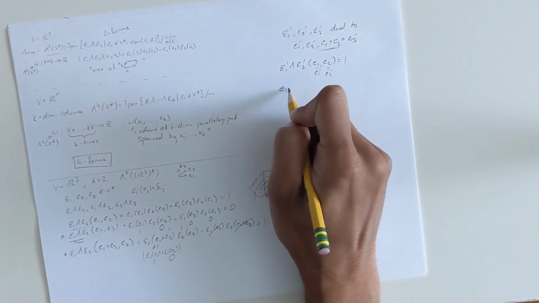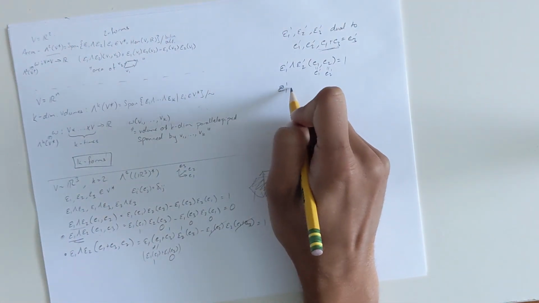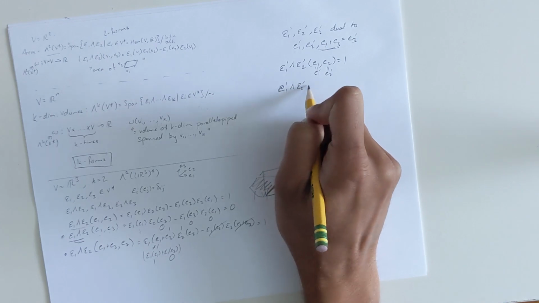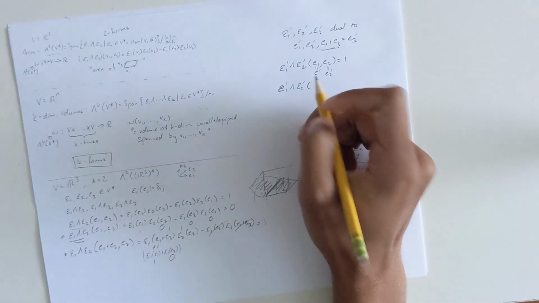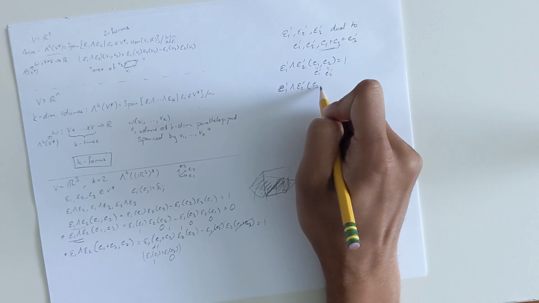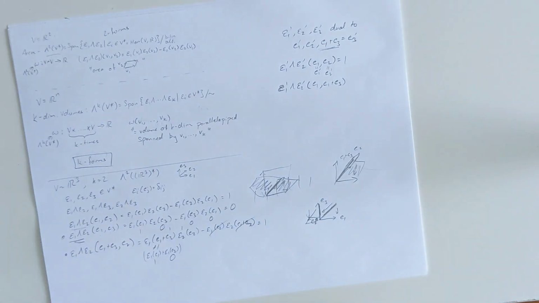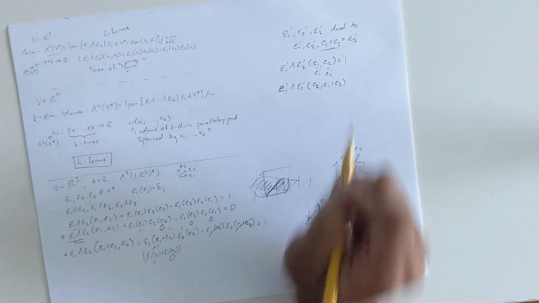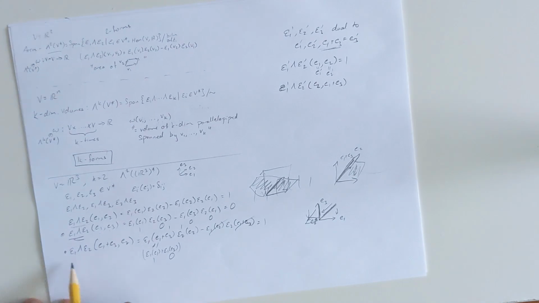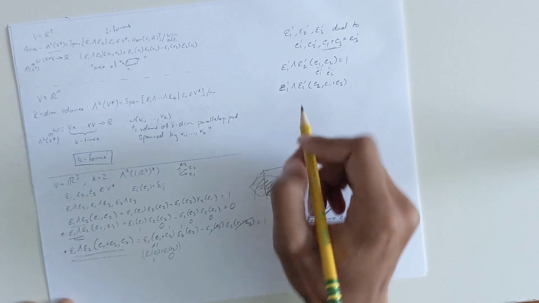So this shouldn't really affect any area that we compute, which is intrinsic to the plane. However, now if we do epsilon 1 prime wedge epsilon 2 prime, and then evaluate it on the vectors, say E2 and E1 plus E3, so this example here, except instead of taking epsilon 1 and epsilon 2, we're taking epsilon 1 prime and epsilon 2 prime.